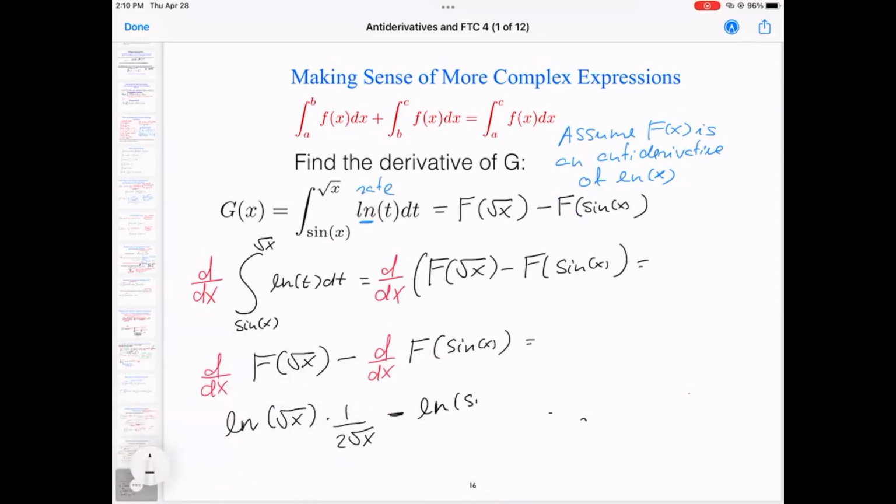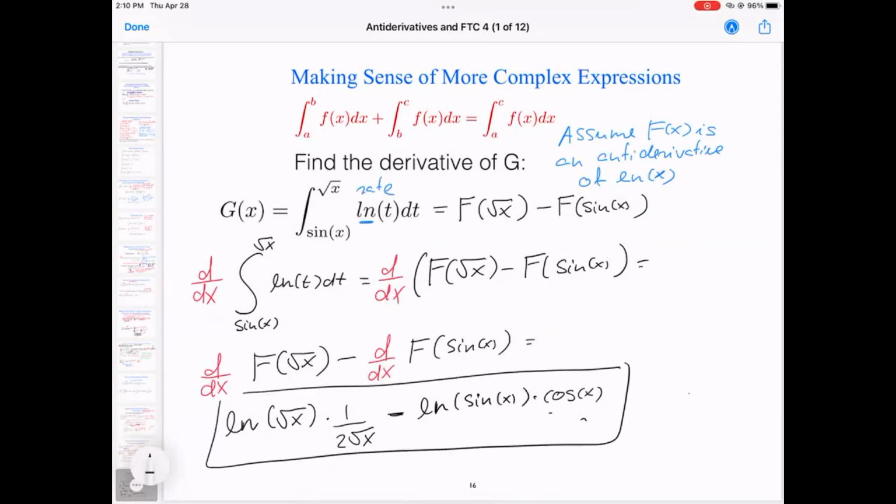Ln of sine x, and you multiply by cosine x. That's the rate function, exactly, yeah.